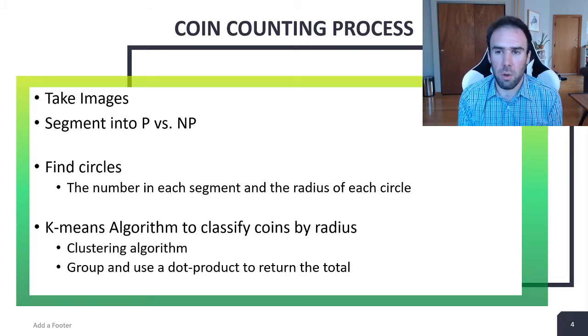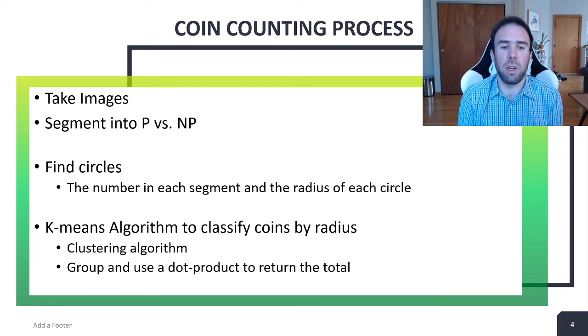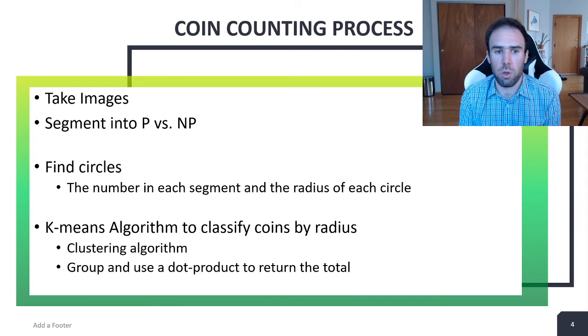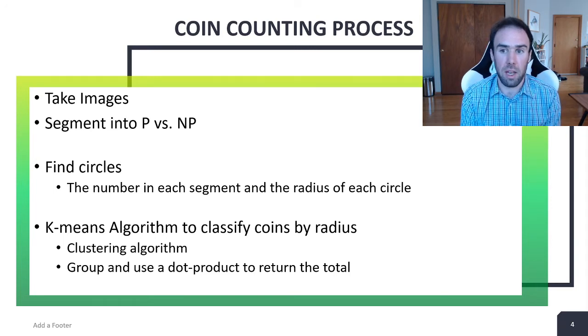And there were, again, some useful MATLAB functions. One of them called, I think it was imfindcircles, which was amazing. I had to tweak it a little bit, but it would give you the number of circular objects and would also give you their radii, which is important because I used the radii to then distinguish between nickels, dimes, and quarters. So that's where the k-means algorithm comes in.